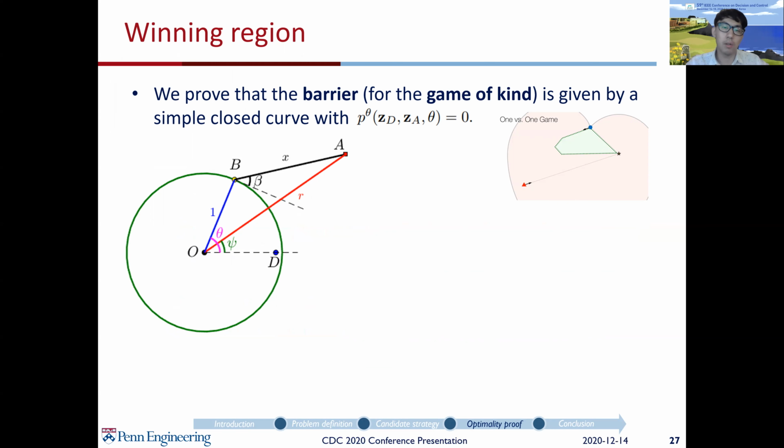Barrier means that if we have some winning region, it separates the two regions: if the intruder is inside that region, the intruder is always winning, and if the intruder starts outside the region, the defender will always win, or they at least have an optimal strategy to win.